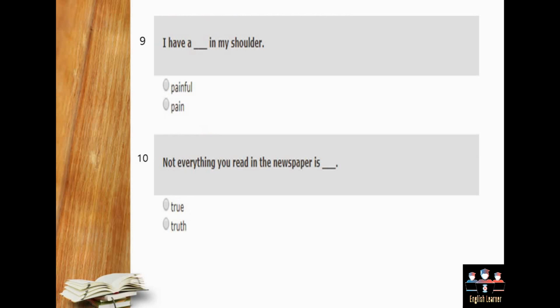Number 9. I have a dash in my shoulder. Option 1, painful. Option 2, pain. Number 10. Not everything you read in the newspaper is dash. Option 1, true. Option 2, truth.